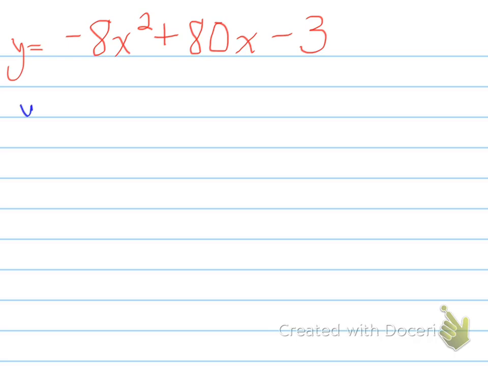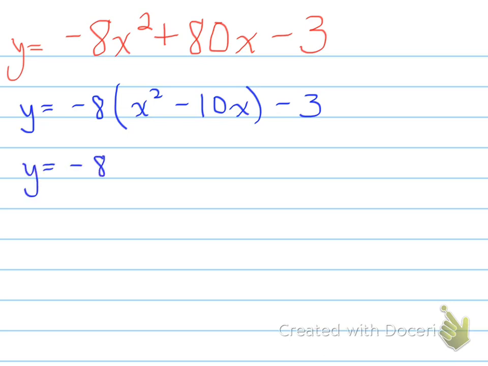We start off by removing the jacket. y equals negative 8 times x squared minus 10x, and then minus 3. We get y equals negative 8, and now we need to invite the twins. The twins are going to be plus 25, minus 25, and then minus 3.